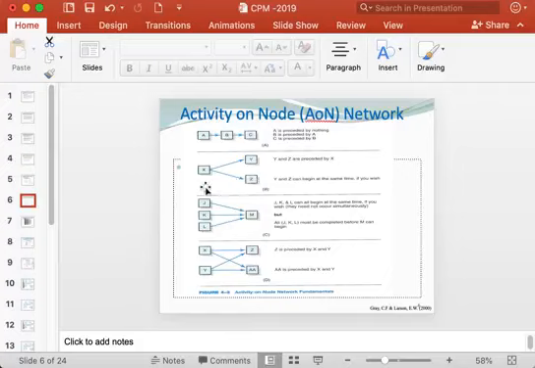So if you are using numerals, then maybe 1 here, then 2 here, then 3 here. Not like this: 3 here, 1 here, and 2 here. No. So the identification number for the following activities must always be larger than for preceding activities.